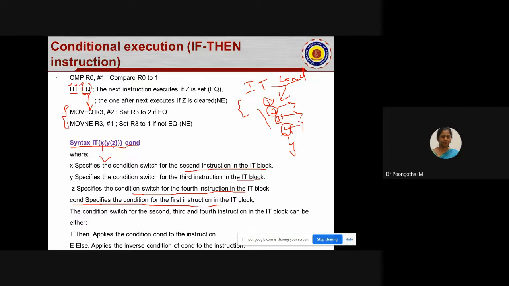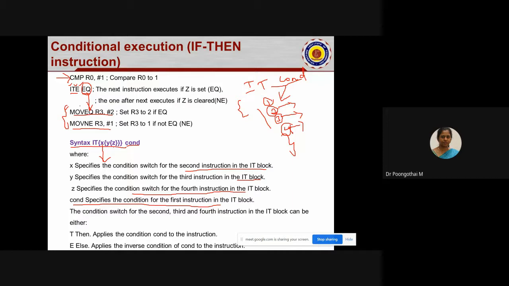First, I am comparing the R0 content with 1. If it is equal, the first instruction will be executed; else, the second instruction will be executed. So that is the concept of this IT block. Under this IT block, we can incorporate 4 conditional instructions based on the conditional attribute. Is that clear, students?